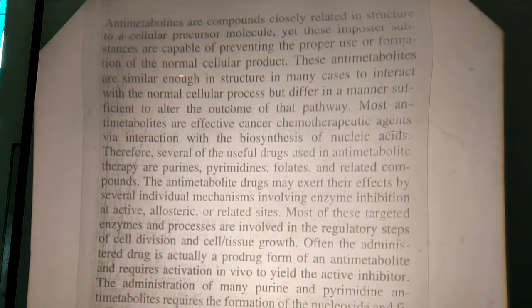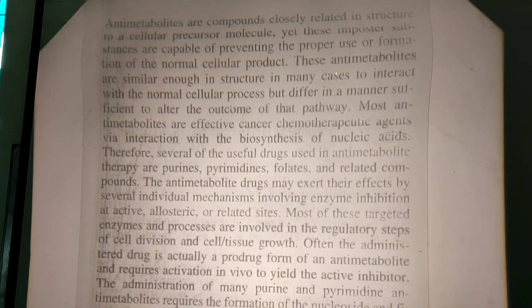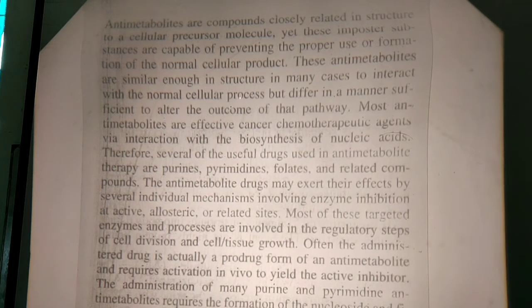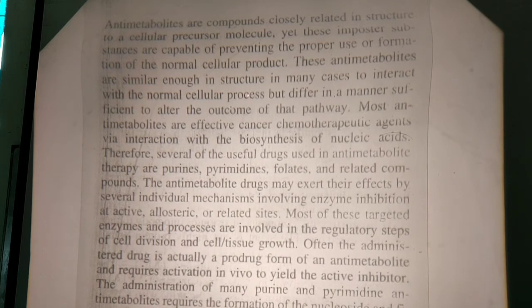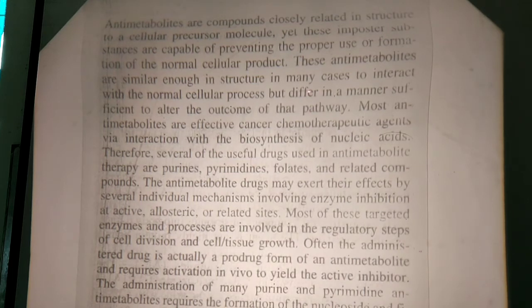These antimetabolites are similar enough in structure in many cases to interact with the normal cellular process, so there would be little difference, and I will explain it to you when I deal with 6-mercaptopurine, but they differ in a manner sufficient to alter the outcome of the pathway.